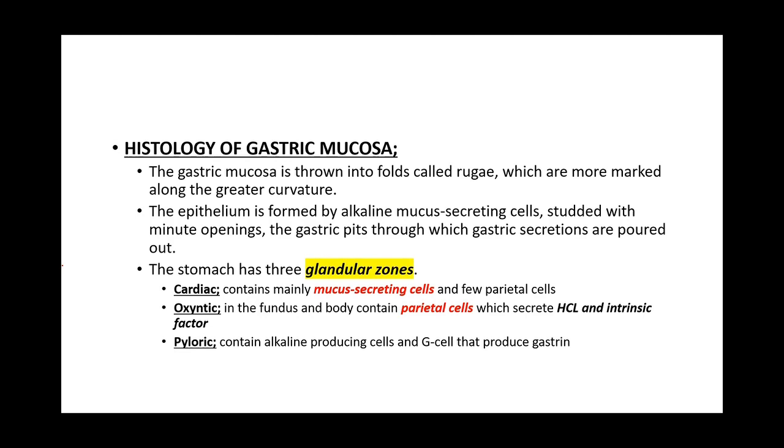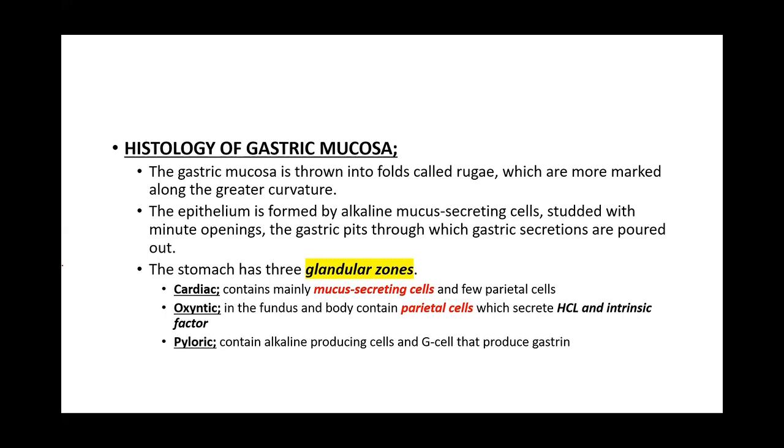The gastric mucosa is thrown into folds called rugae, which are more marked along the greater curvature. The epithelium is formed by alkali mucous secreting cells, studded with minute openings, the gastric pits, through which gastric secretions are poured out.